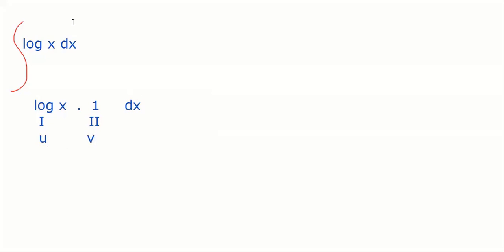Let's start. It says first function into integration of second. What is integration of 1? This is x, correct? Minus integration of differential of first function, log x, whose differential is 1 by x, into integration of 1, so we know x.